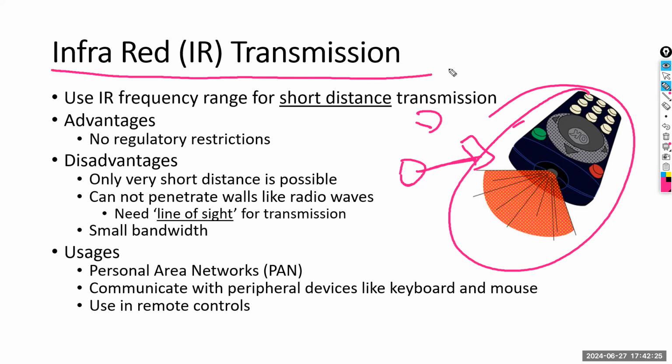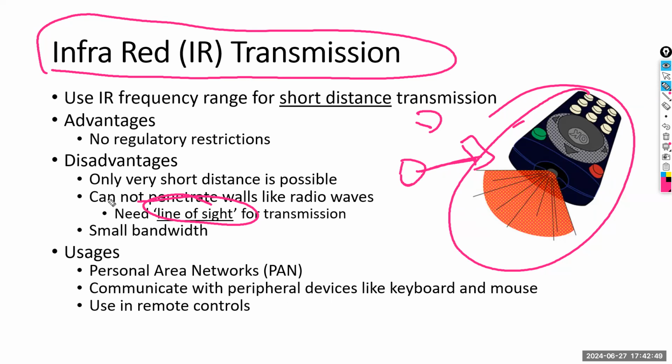So infrared, you don't need to take licenses from the government. You need the line of sight, and it's very weak, so therefore only a few meters maximum without obstacles. And there are some very simple usages, like personal area networks, as a remote control and so on.